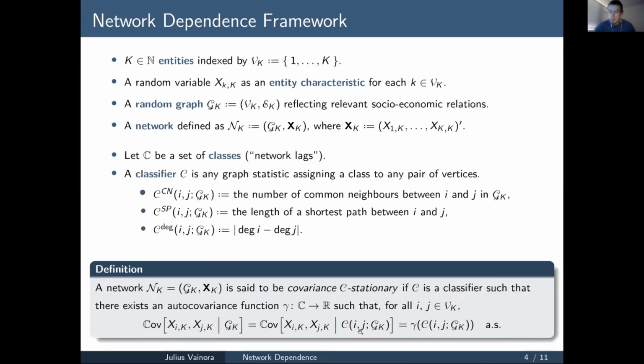So again, relating to time series, we don't care where the 2 points in time are, all we care about is the lag in time. And here also we don't care where exactly in the graph those 2 entities are. What we care about is their distance, or a certain measure of the 2 of them relative to the whole graph. And then gamma here is the autocovariance function, again very much relating to time series, which we are interested in estimating.